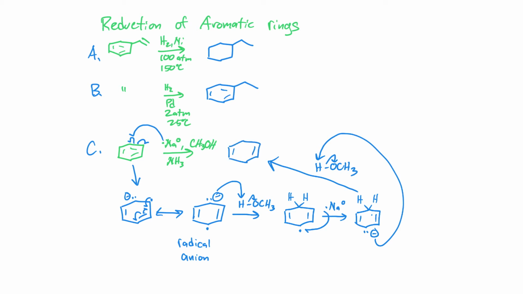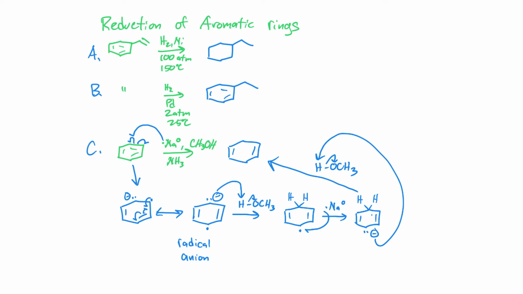And so you can see that we've reduced 2 of the carbons on the benzene. We still have 2 alkenes present, but we don't have an aromatic ring anymore. We have 2 isolated double bonds. This is pretty interesting. Now we've found a way to take benzene and turn it into 2 isolated double bonds that we could in turn do other reactions with, such as a Diels-Alder reaction.